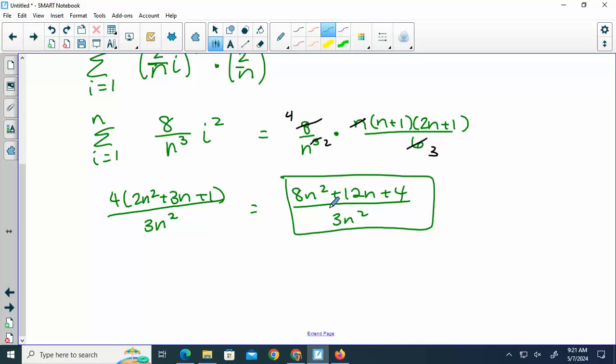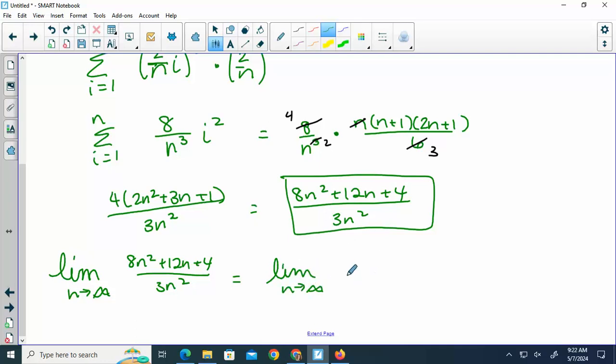Next, it said in the question, then find this area exactly by taking the limit as n approaches infinity. So at this point, I would probably split them up. There's different options. You could divide everything by the highest power of n as well, so it'll amount to the same thing.